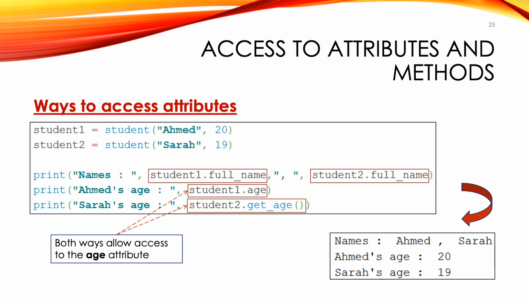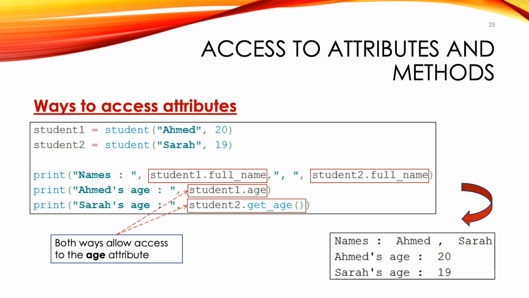In order to display the object attributes value or methods values, we'll put the object name dot the object attributes or the method name. So you can see here in the first print, we are printing the full name of student 1. So we are writing the object name, which is in this case student1, then dot, full name, which is the attribute name we defined in the class student.